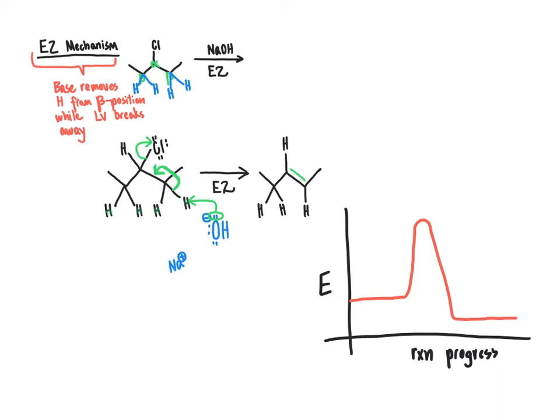So we just have that one high energy state, that one transition state, and one activation energy in this pathway going from the energy at the beginning of the step to the highest energy point would give us our activation energy. And this is what we would expect for just a one-step reaction. So this energy curve that we've shown here looks identical to what it would for an SN2 type reaction.